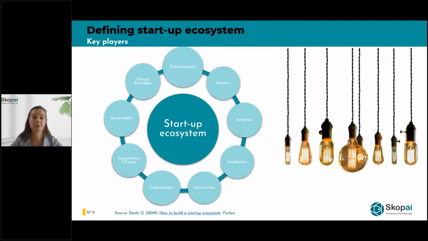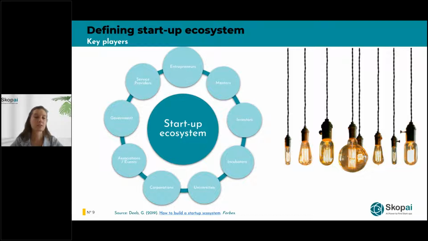Incubators and accelerators and other support programs, universities with research laboratories and the process of technology transfer, corporations which often become the clients or partners of new ventures and help to commercialize their products and services.